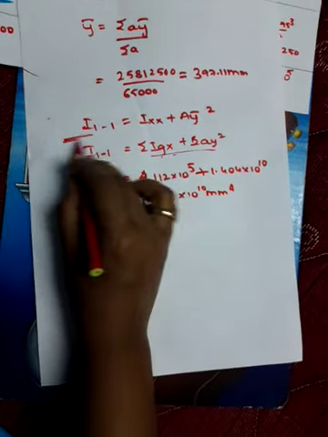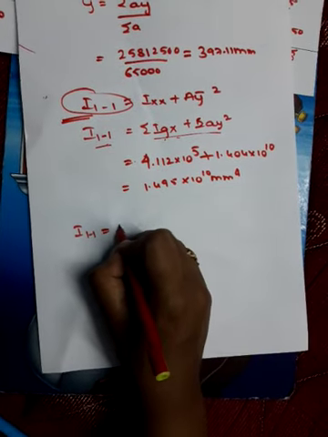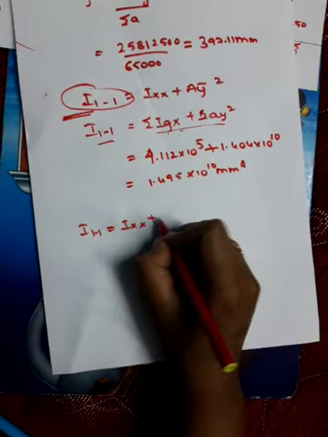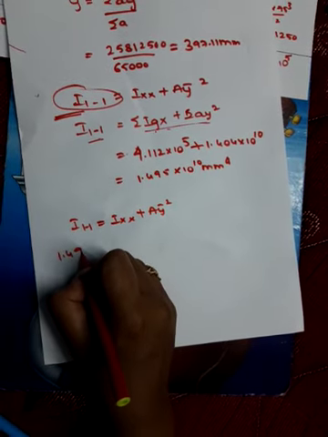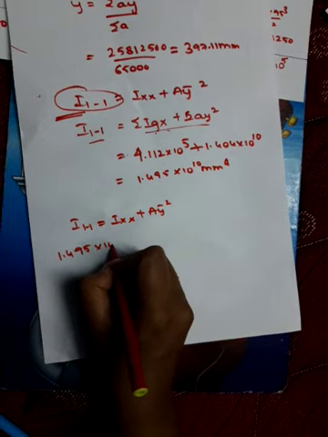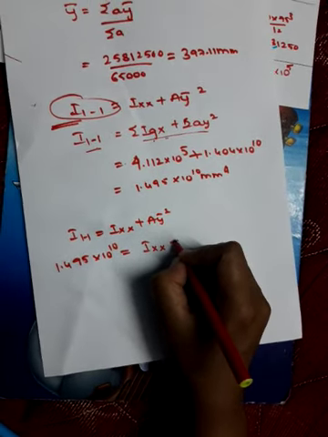Now use this particular equation to calculate the Ixx value, which is equal to Ixx plus A into y bar square. So I have the value of I11, so the Ixx value you should calculate. What is the area?